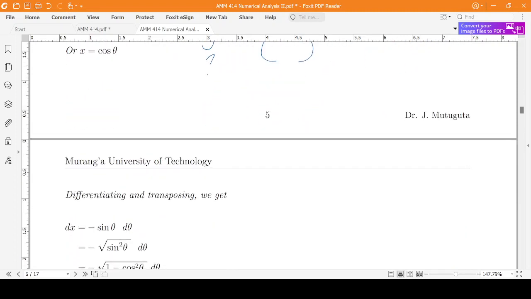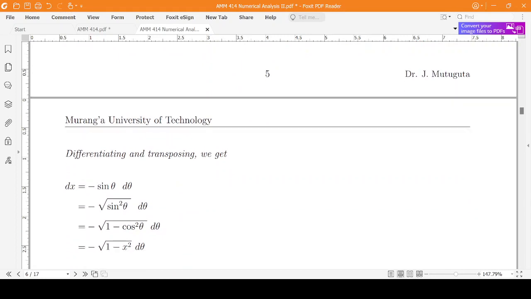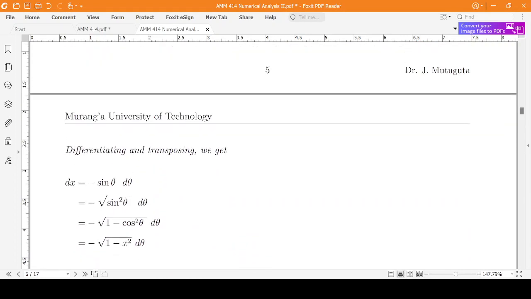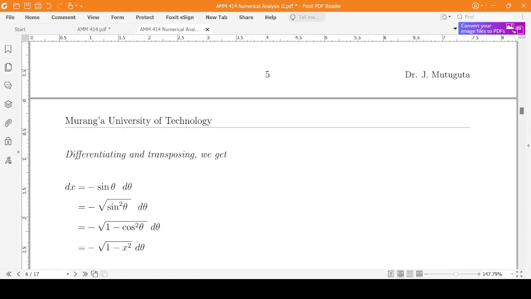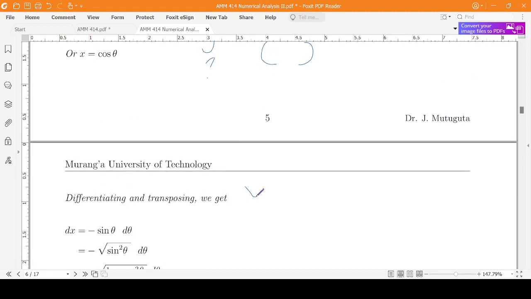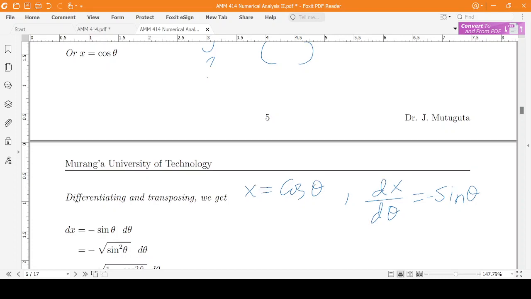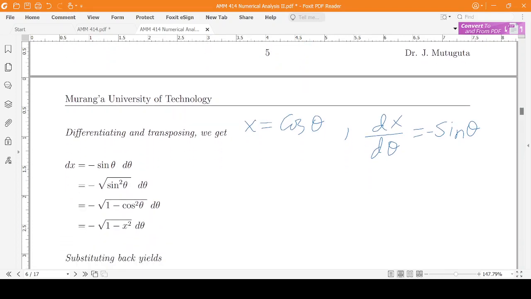We see that we are saying x is equal to cosine of theta, so we can differentiate and write dx by d theta is equal to negative sine of theta. And then we can do the transposition here to make dx the subject.